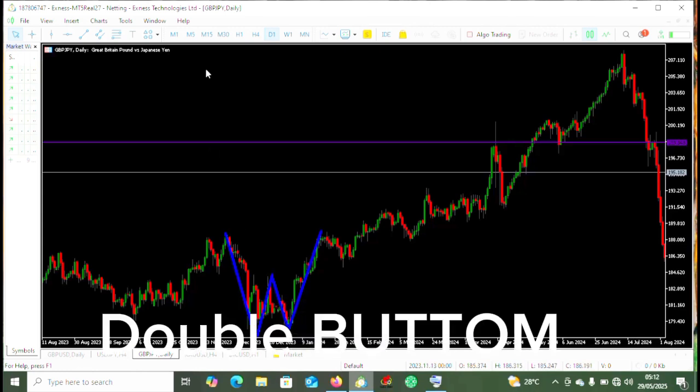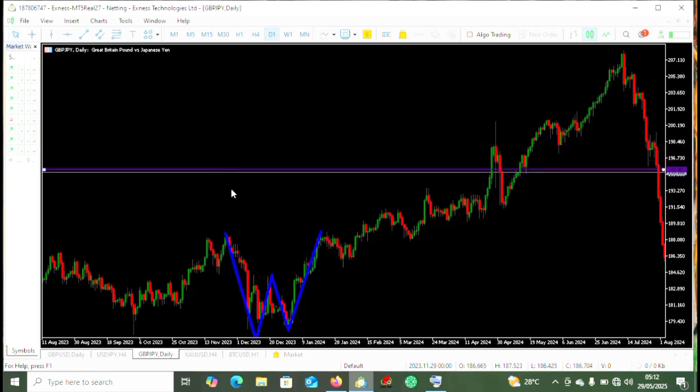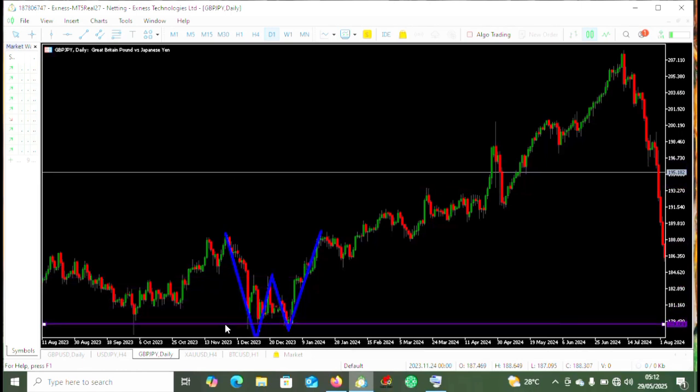To confirm that, you use your horizontal line. You can see the bounces are not hidden. It's very clear. You can see the bounce here, one bounce here, another bounce here, and another bounce here. So this gives us clarity.